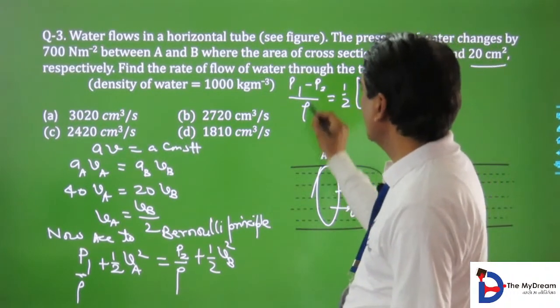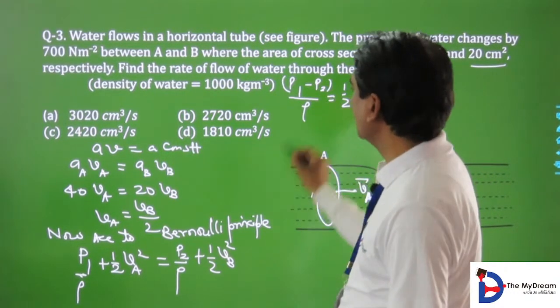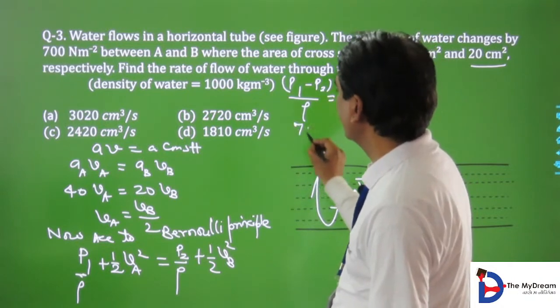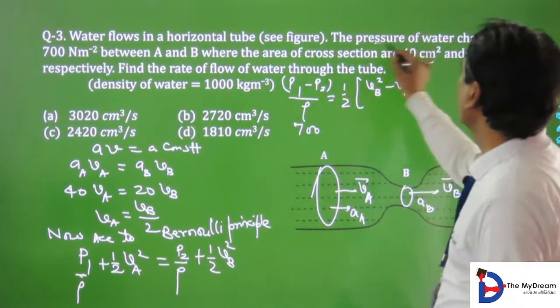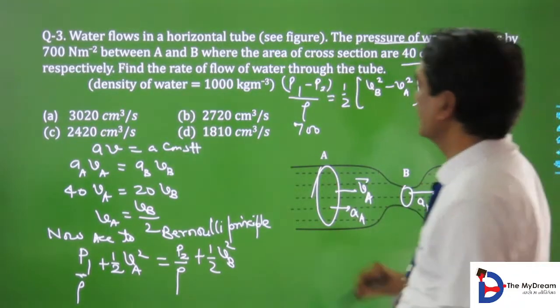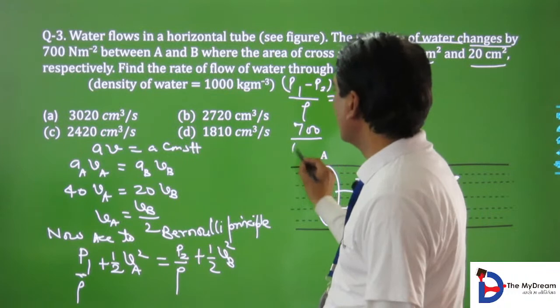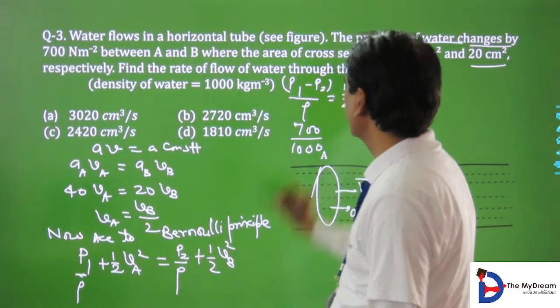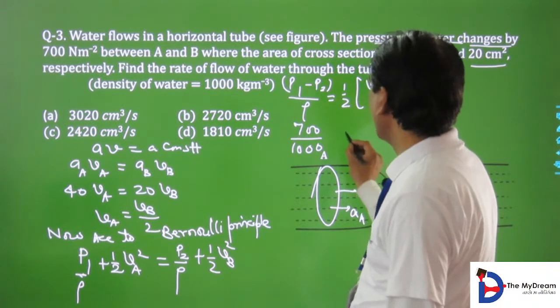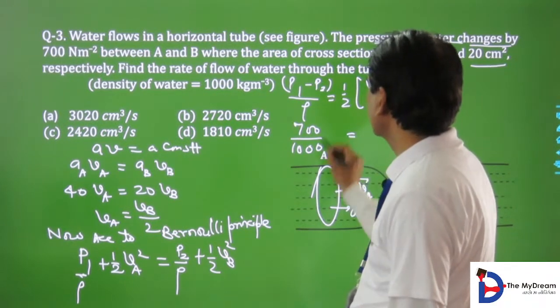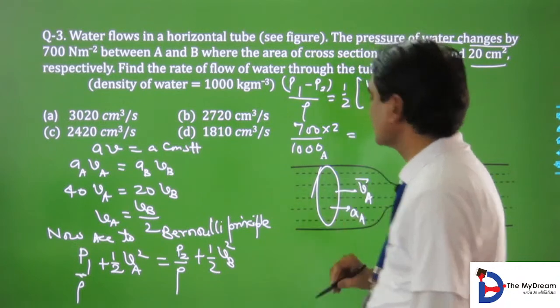The pressure difference is given to you, that is 700. The difference in pressure is given to you, pressure of water changes, and the density of water is given to you. It is multiplied by 2 also.